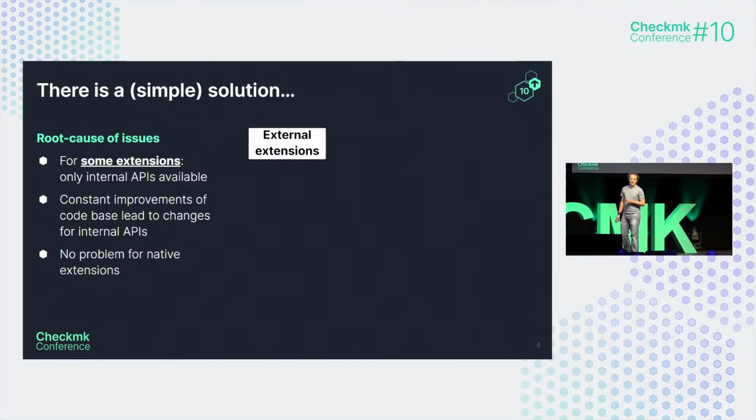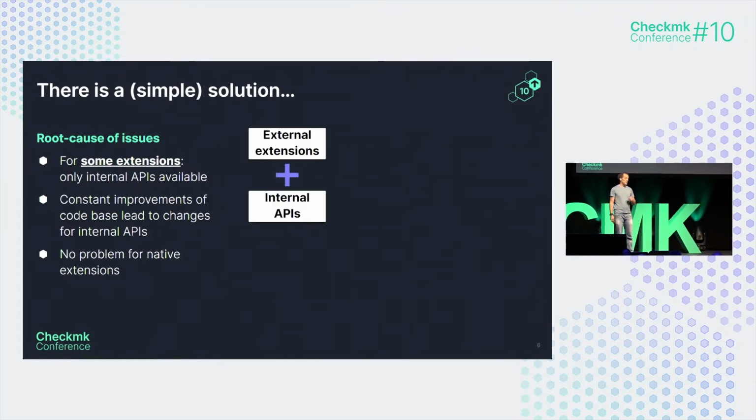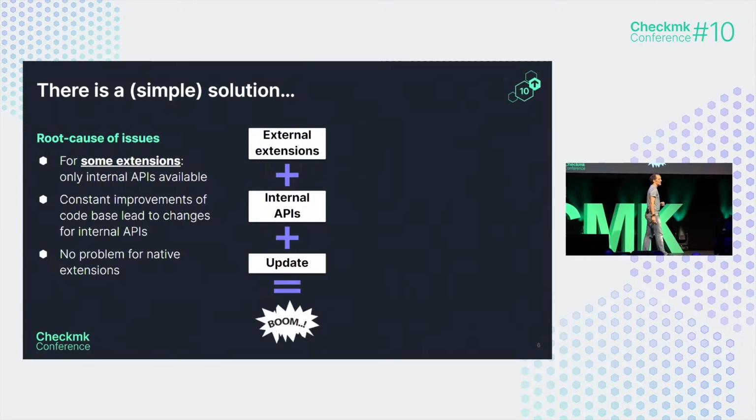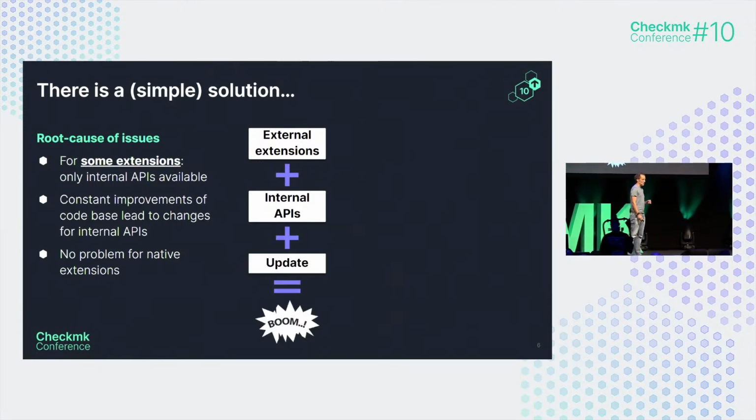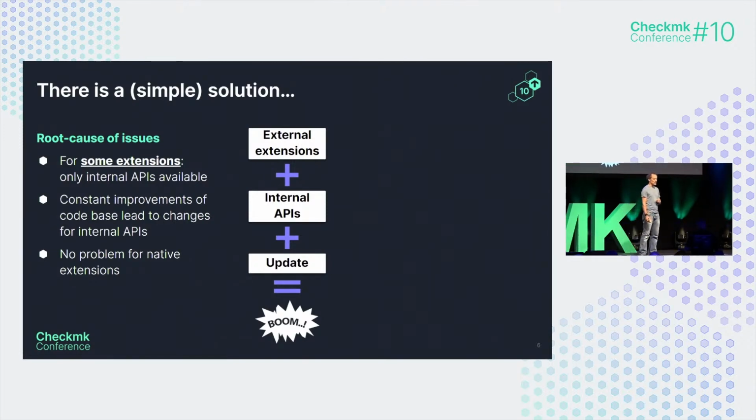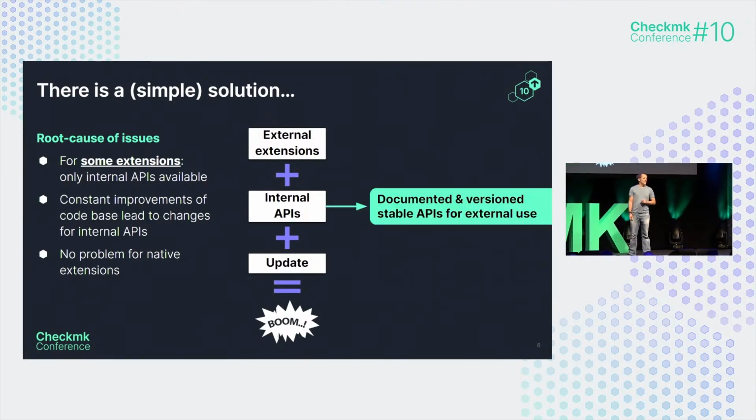However, if external extensions and these internal APIs now meet during an update, then you can run into problems, as you all probably know. And we keep promising that we will improve that, and we still are doing that.